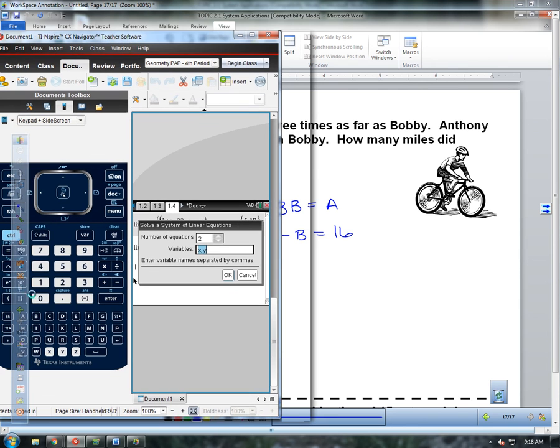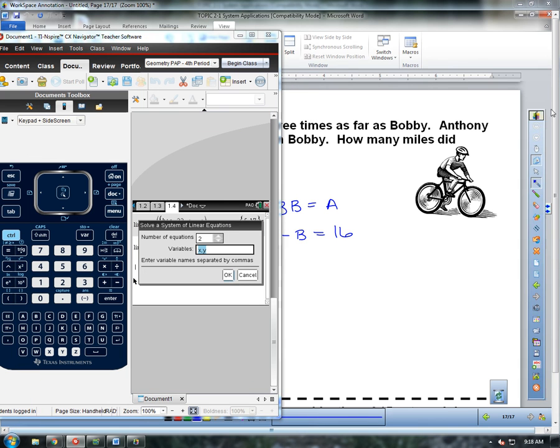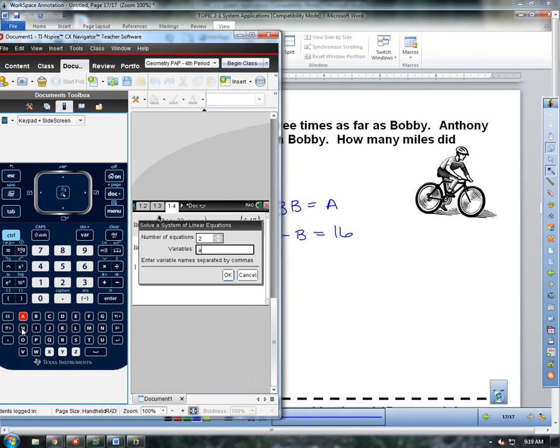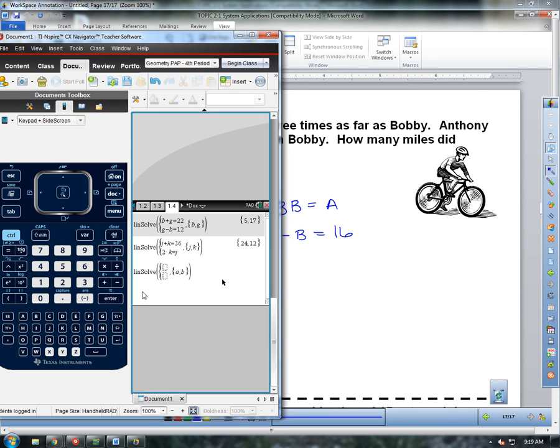A, comma, B. So we have A equals 3B, 3 times Bobby's distance should equal Anthony. And then Anthony's distance minus Bobby's distance should give us 16. Okay? So 24 and 8.